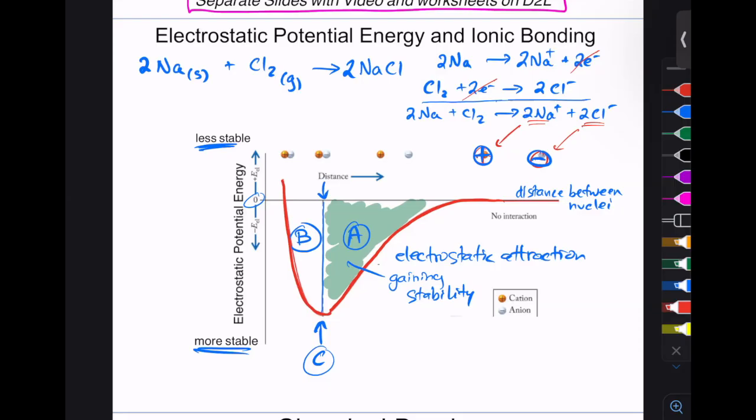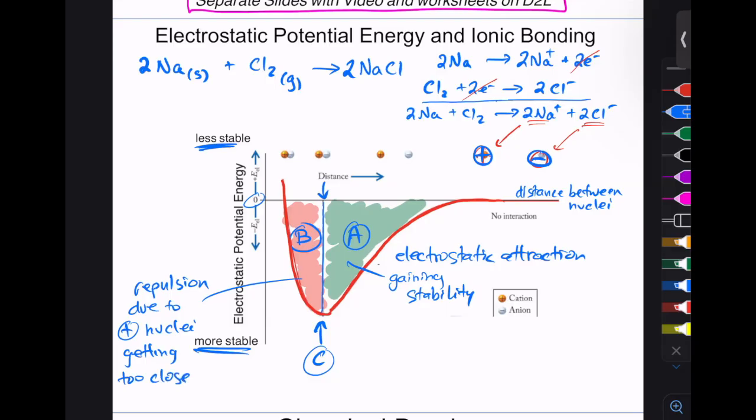But now they get so close together that the positively charged repulsion is now taking over, because you're bringing the positively charged nuclei too close together. So in the region B here, this is now repulsion. And that's due to the positively charged nuclei getting too close to each other.